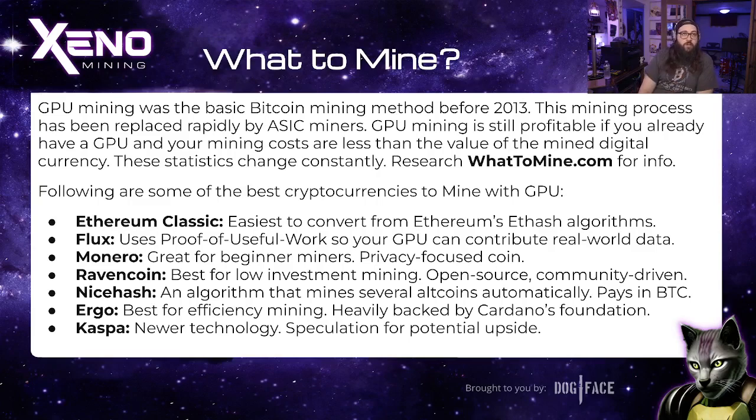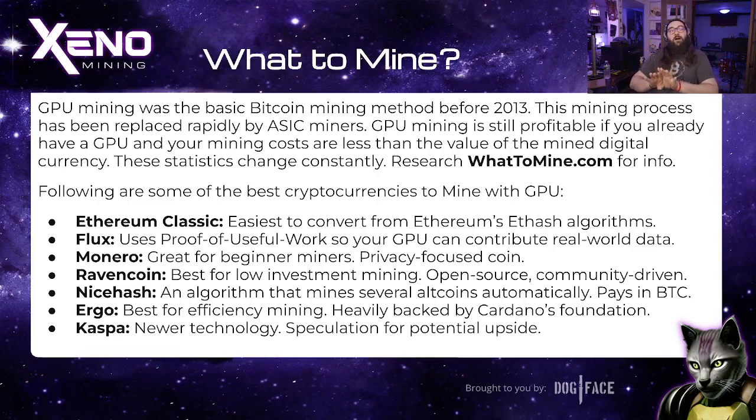So if you're a Cardano lover, Ergo is a very, very good option. It's kind of like the proof of work algorithm that was designed for Cardano in a sense. Ergo is its own thing. They're not necessarily part of the Cardano foundation. However, they're very, very closely connected to them.